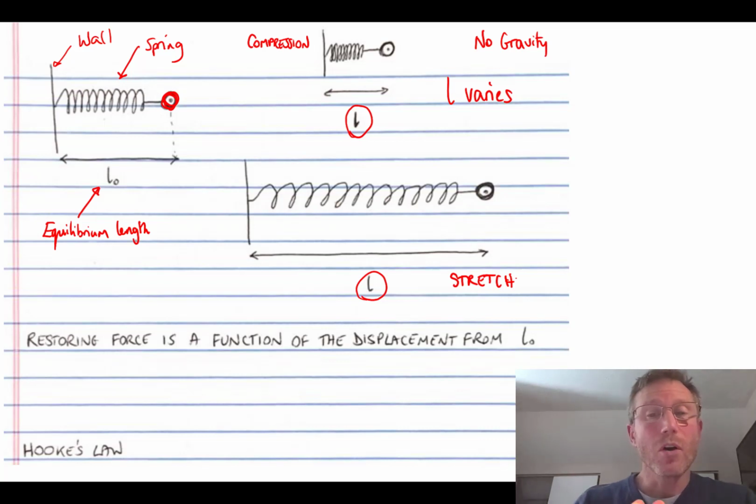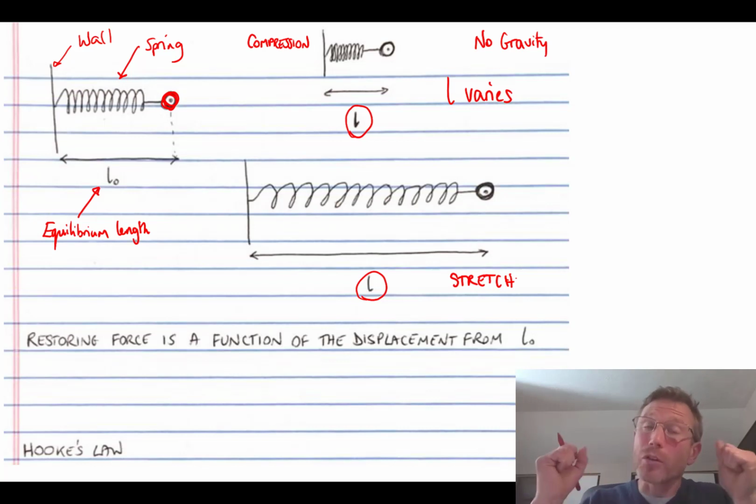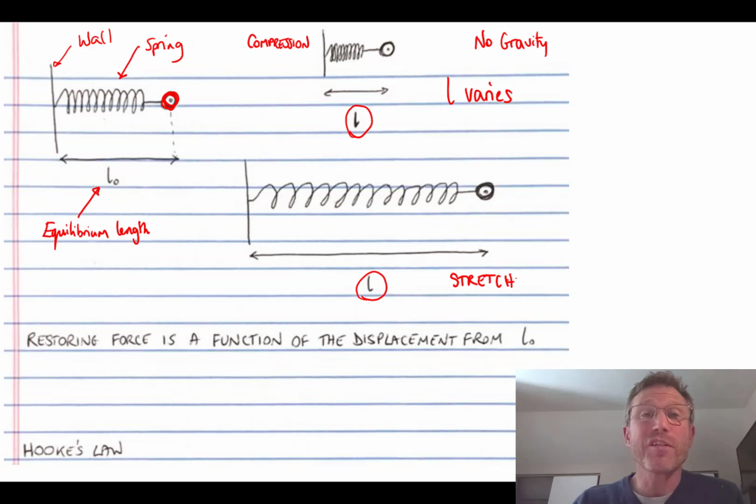So Hooke's law tells us that the restoring force, the force that pulls the ball back towards the wall, is a function of the displacement from that equilibrium length. So in other words, as we pull that ball further away from the wall, then the force on that ball is greater, right? There's more pull on that ball for it to return back to the wall.